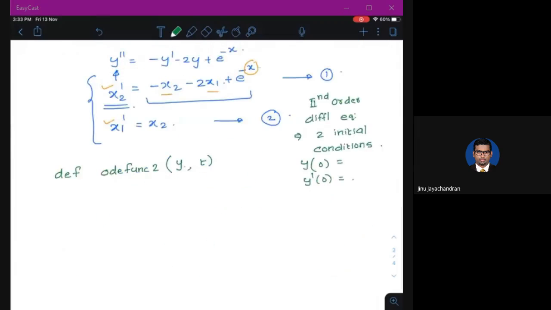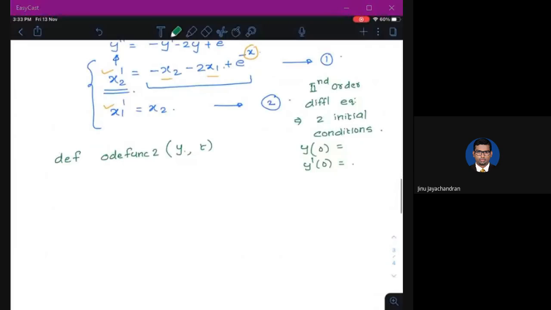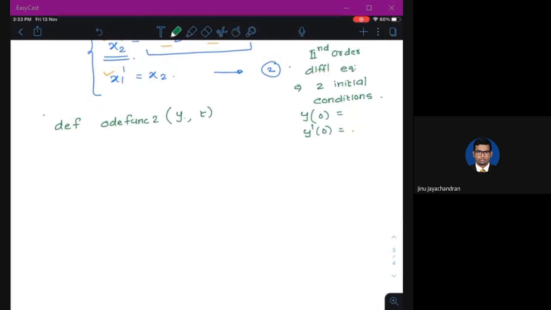Okay, so once you define the function here, after that you will be giving the initial condition, let's say y0, as a, this is the condition for y of 0, and this is the condition for y dash of 0.